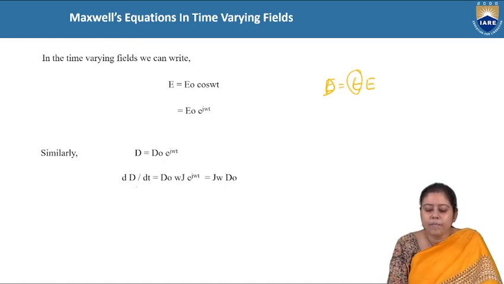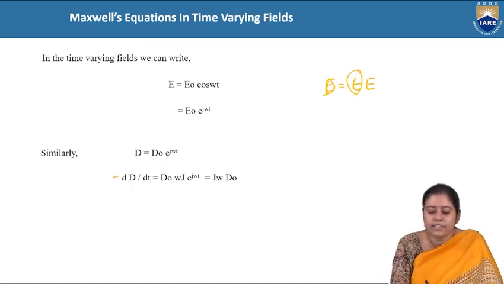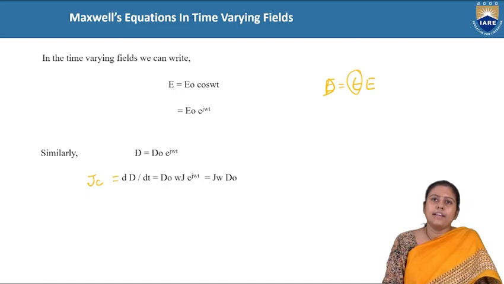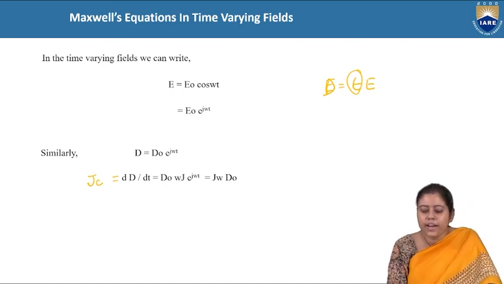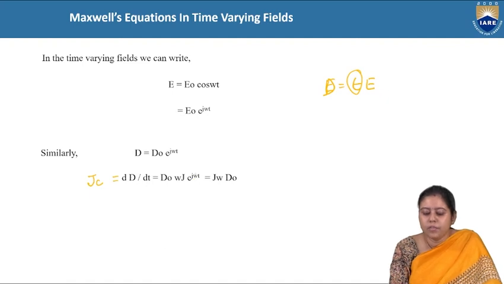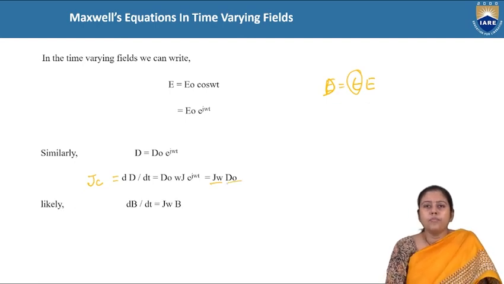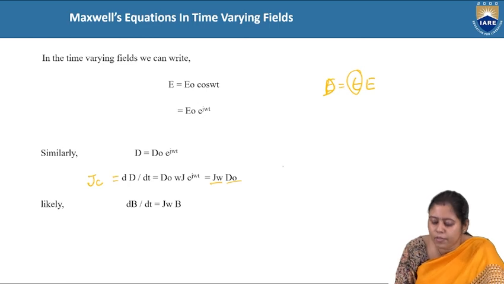So what is dD by dt? It is nothing but the JC, or displacement current density. So displacement current density we can write as D naught omega e to the power j omega t, so it is j omega D naught. What is D?